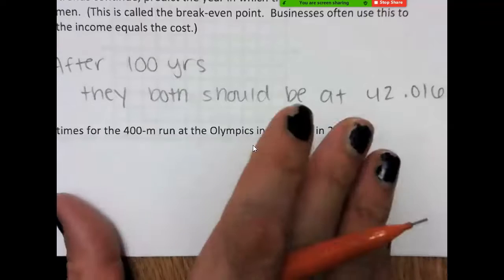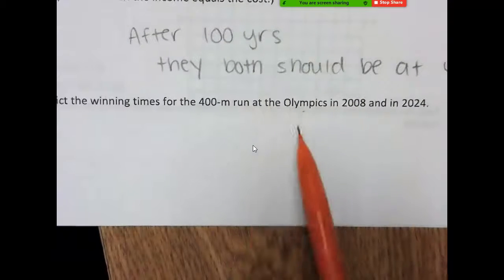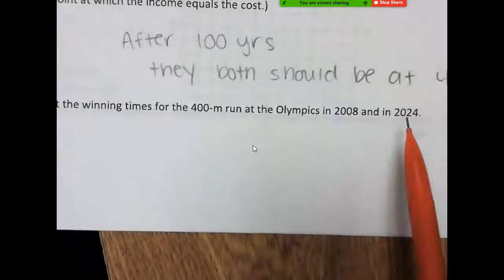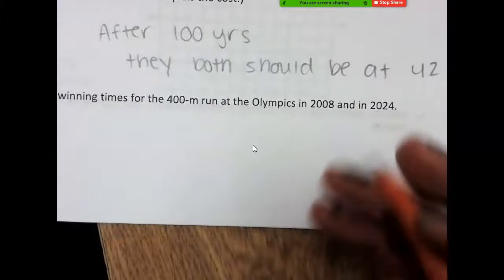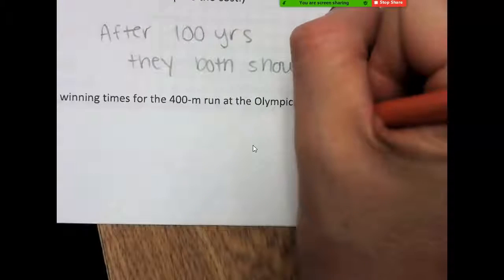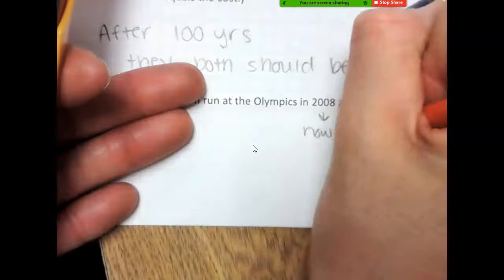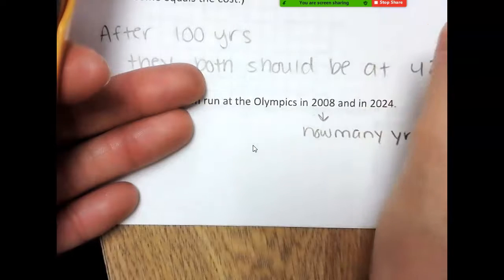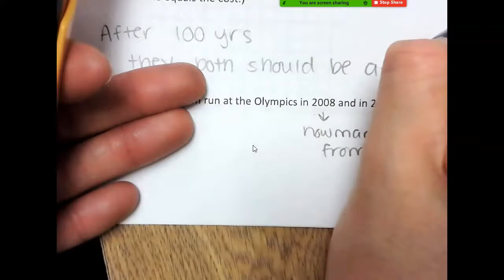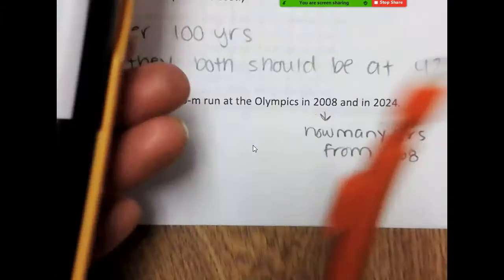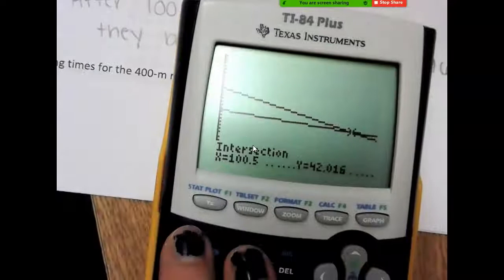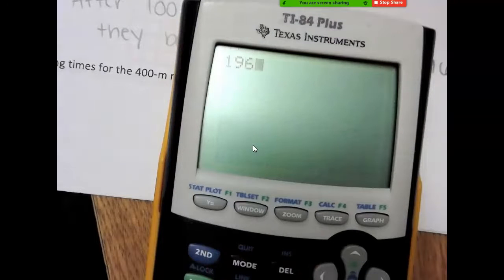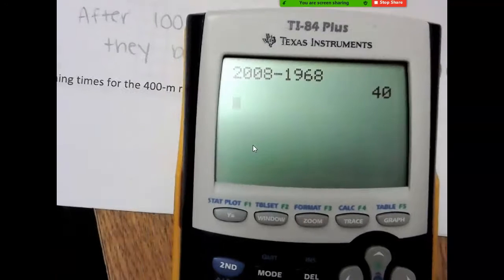And then it says predict the winning times for the 400 meter in 2008 and 2024. So you need to know how many years from 1968 they are. So that would be 2008 minus 1968, which is 40 years.